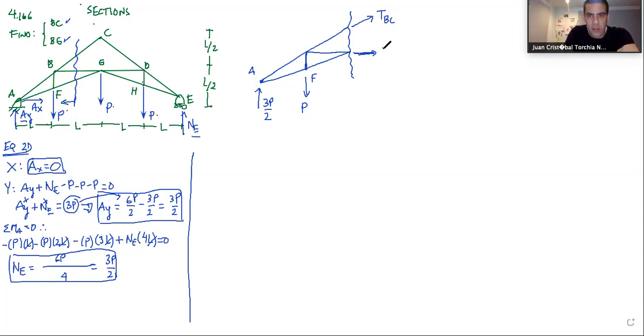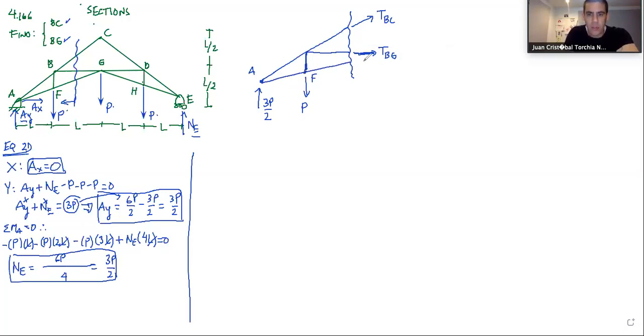This is called TBG. And there's also, oh, I think I screwed up the drawing here. It shouldn't be this way, but I think I can fix it somehow as fast as I can. Okay, I think I got it.